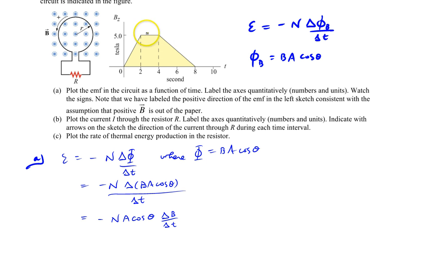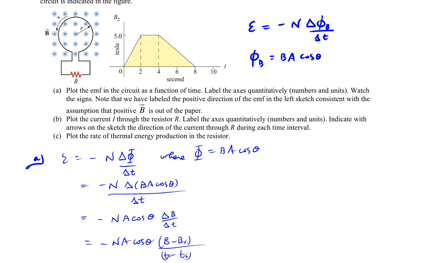Now if you look at this graph, this is really the slope of the graph. You could rewrite this if you wish as negative NA cosine theta, and then B final minus B initial, divided by the time final minus the time initial.